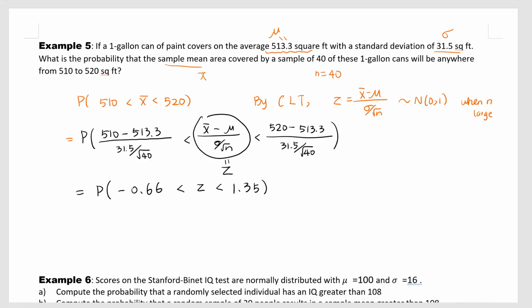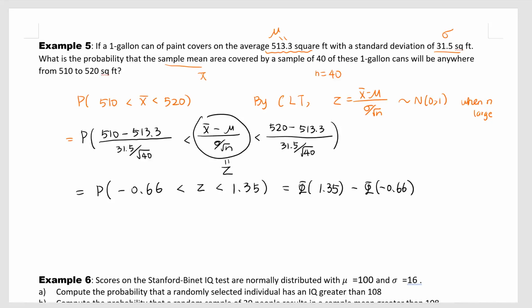Don't forget, if your next digit is greater than or equal to 5, you round up. Since it is approximately standard normal, this is the CDF of 1.35 minus the CDF of negative 0.66.